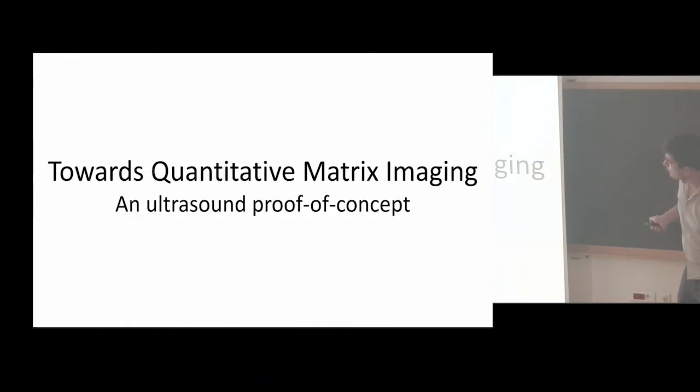So how to go towards quantitative matrix imaging? Because here I only showed reflectivity images, so fluctuation of the impedance approximately, but not very. It's useful, but you're used to building maps of wave velocities. You like that, and we love that also in acoustics because it can be very useful for diagnosis, as I will show you after.